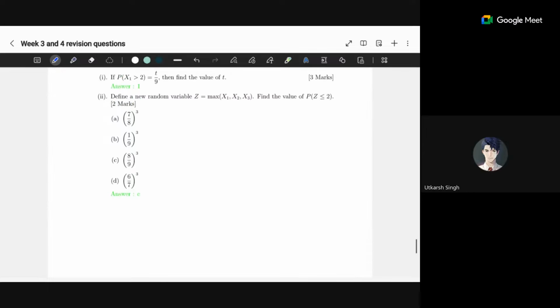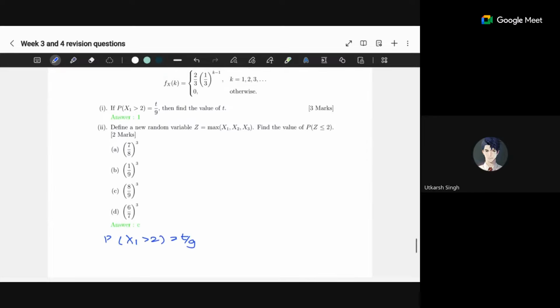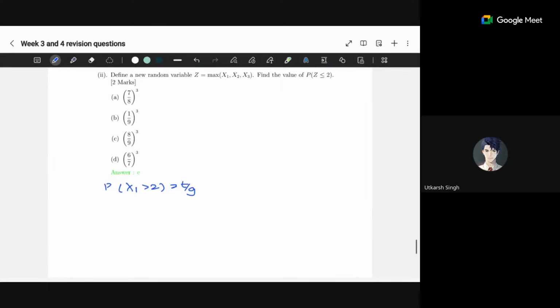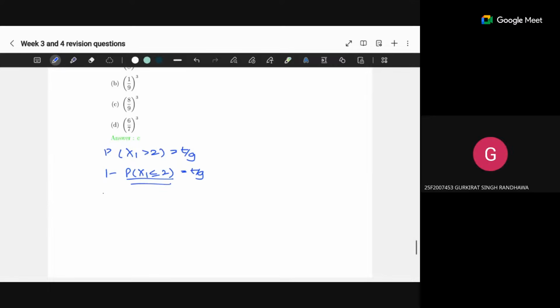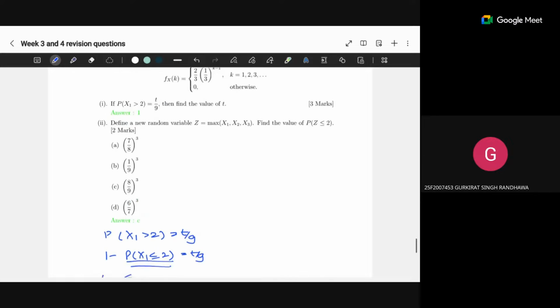Okay. So they are asking the probability of X1 greater than 2 is t by 9, right? I can write this as 1 minus the probability that X1 is less than or equal to 2. Can we find out this value? I will be summing it over x going from 1 to 2.